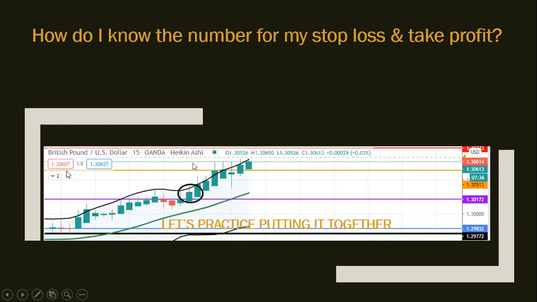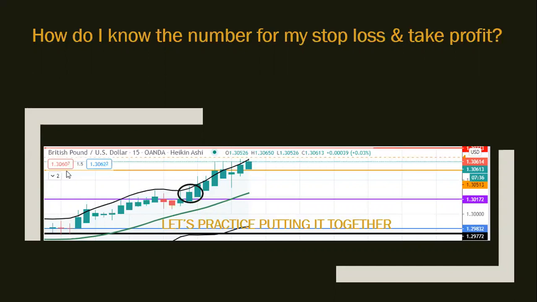There's a blue dotted line going all the way across, right? In order to know what that number is, there's a blue number right under it. And it says 1.30613. That is the exact price of where the currency is at that time. That is the exact price. So TradingView will tell you where the market is at that time.